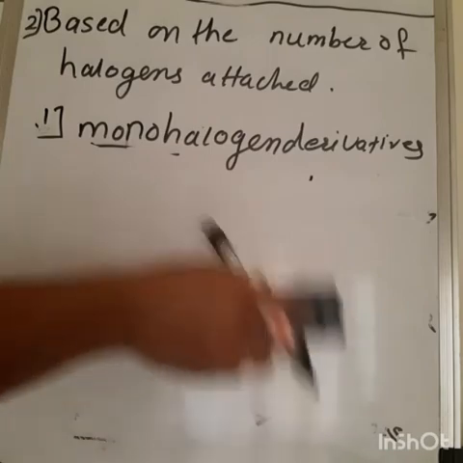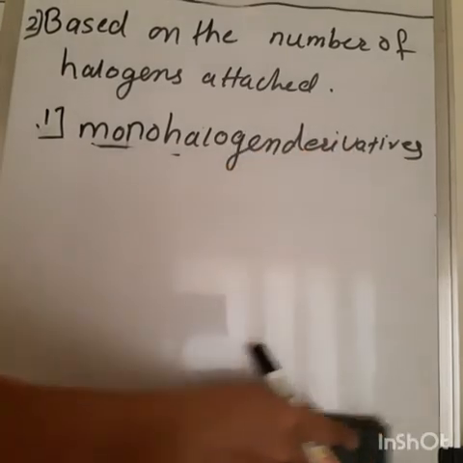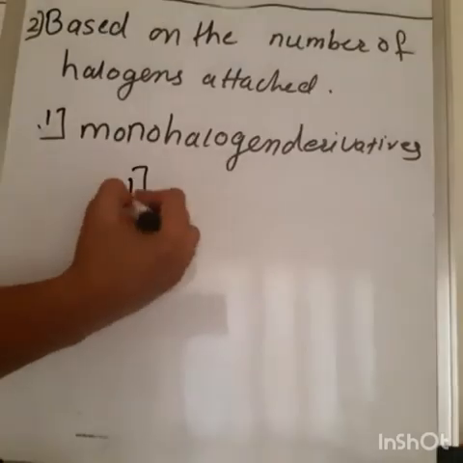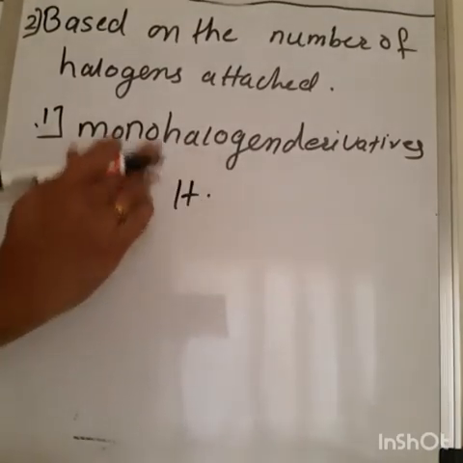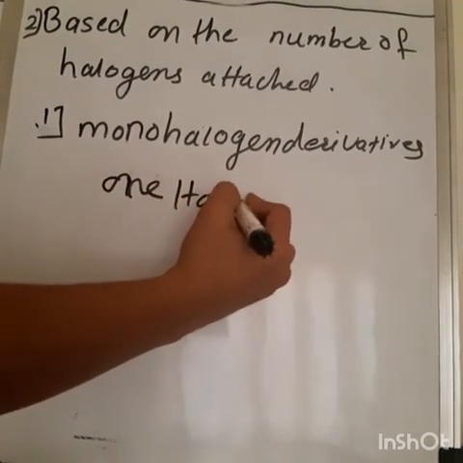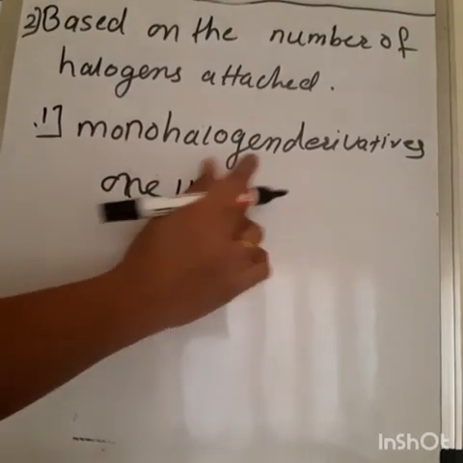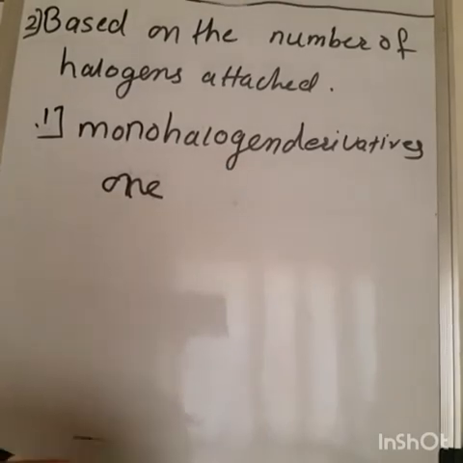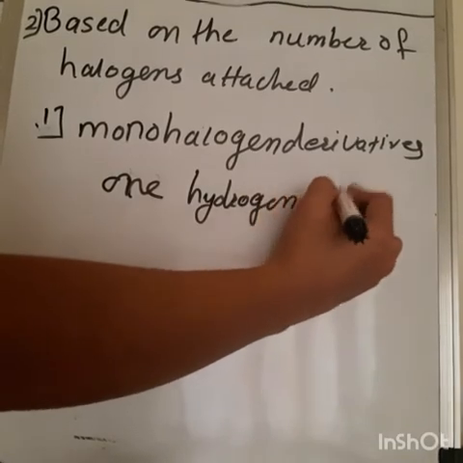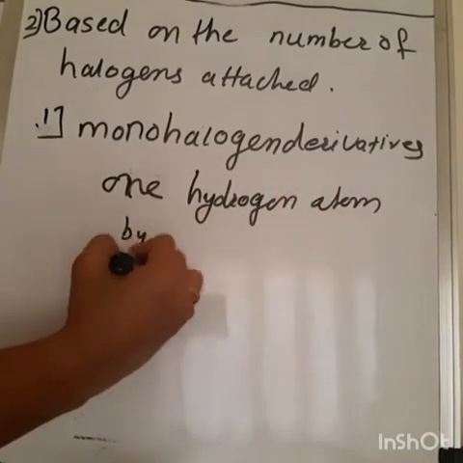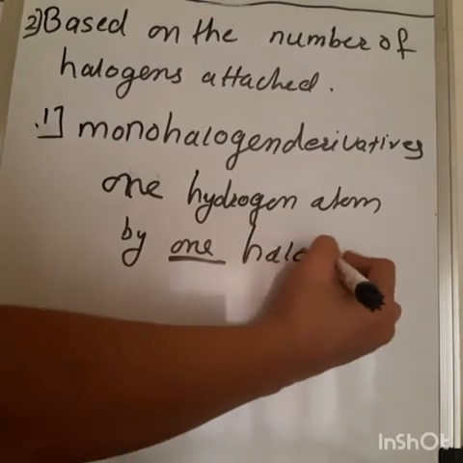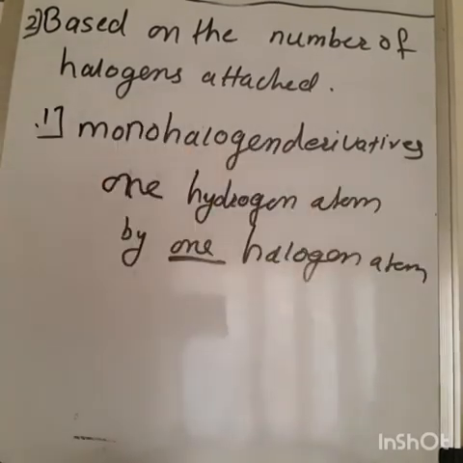These are the compounds formed by replacement of one hydrogen atom by one halogen atom.